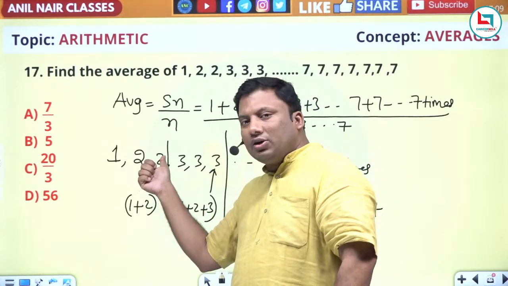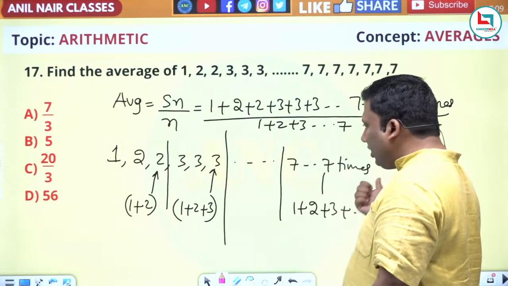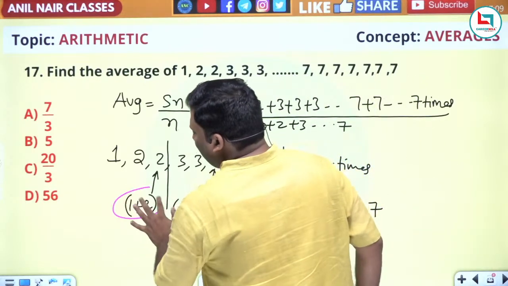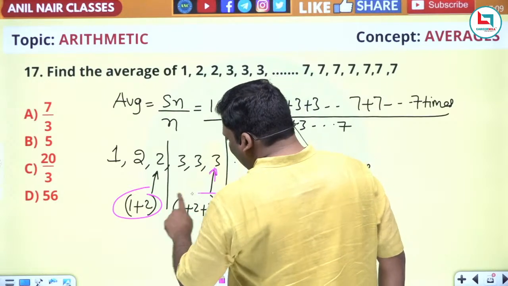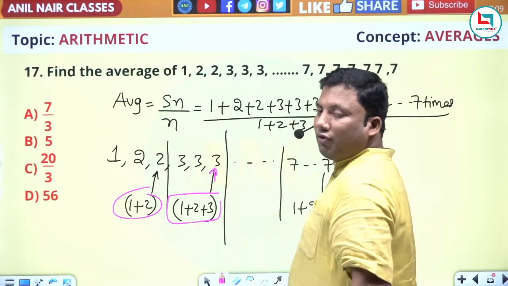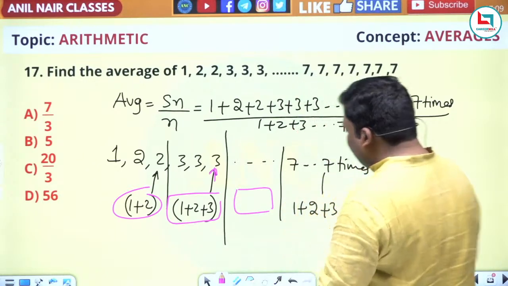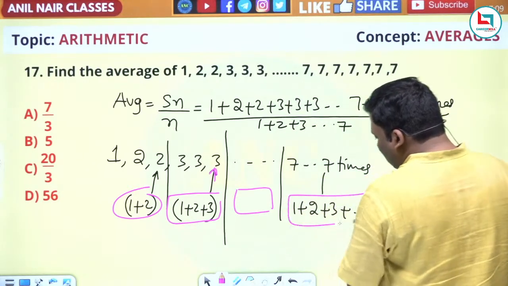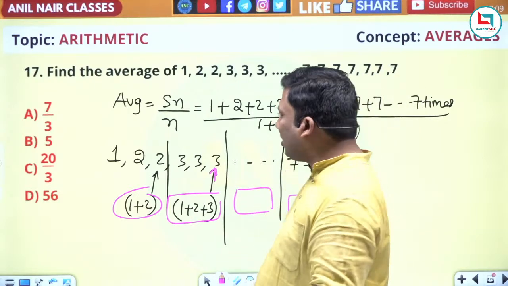If 2 is written 2 times, till 2, what will be the last term? Total, how many terms are there? 1 plus 2, it is 3. If 3 is written in the last term, it is 1 plus 2 plus 3. If 4 is written, it is 1 plus 2 plus 3 plus 4. If 7 is written 7 times, total number of terms will be 1 plus 2 plus 3 and so on up to 7.